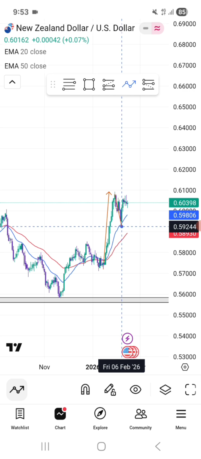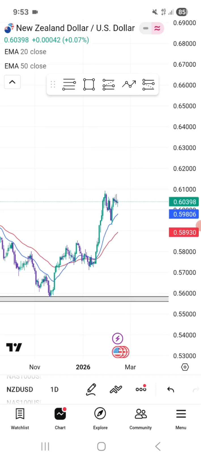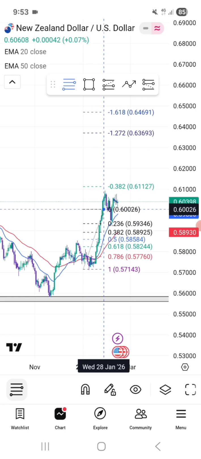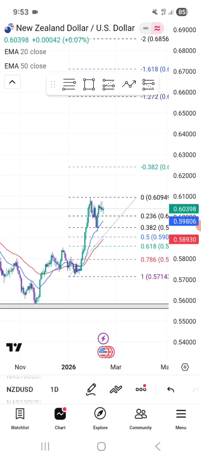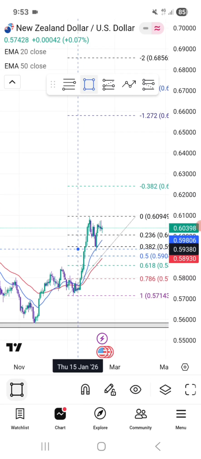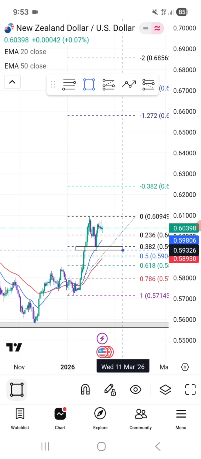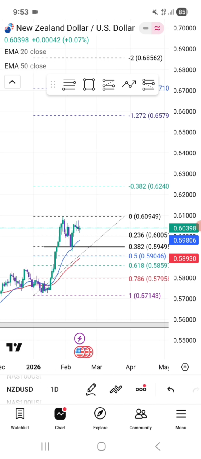So plot our Fibonacci again on the daily time frame from the swing low to the swing high, and we can see here that price is just testing the 38.2% of our Fibonacci retracement.